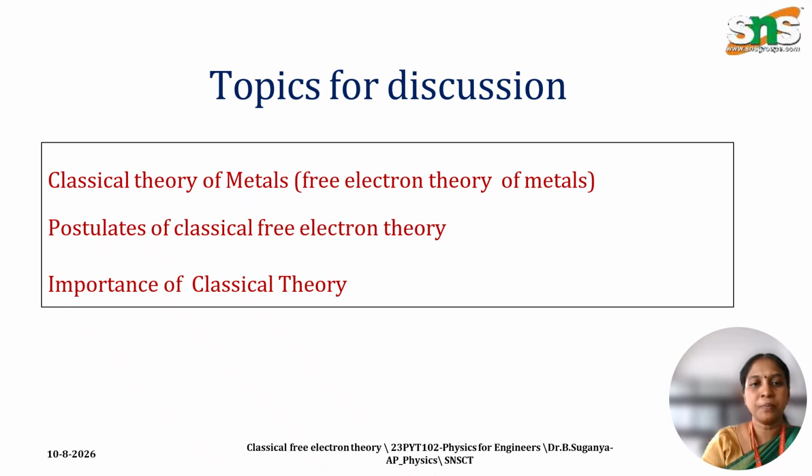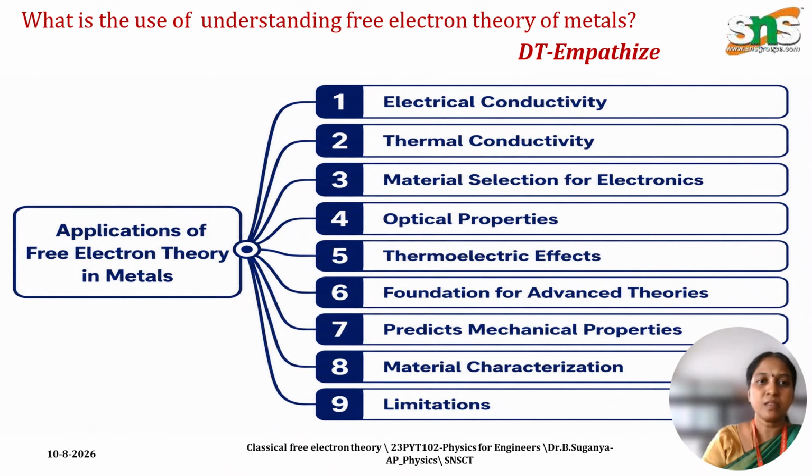So what are the topics we are going to discuss now? A classical theory of metals, then postulates of classical free electron theory, and the importance of classical theory. So what is the use of understanding this free electron theory of metals? Because its applications are vast.